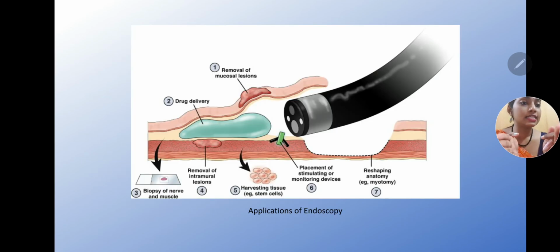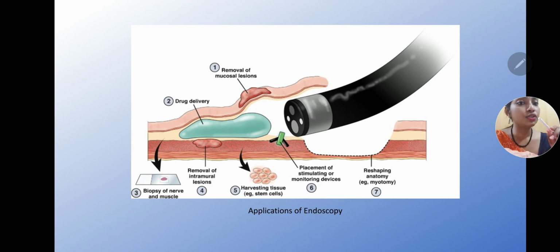This slide summarizes the application of endoscopy. It also speaks about the future of endoscopy, maybe down the line in another 10-20 years. So endoscopy can be used to remove mucosal lesions. It can be used for the direct drug delivery. It can be used to take biopsy of the nerve and muscle cells, muscle tissue.